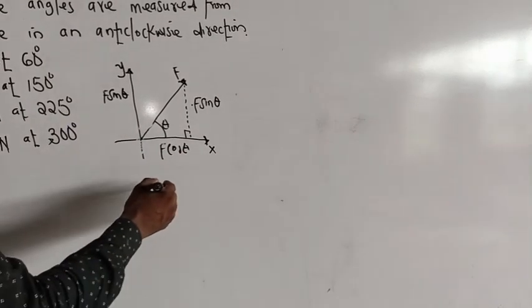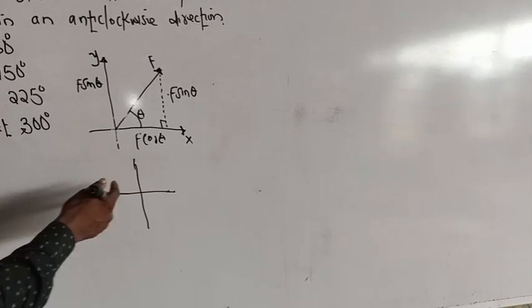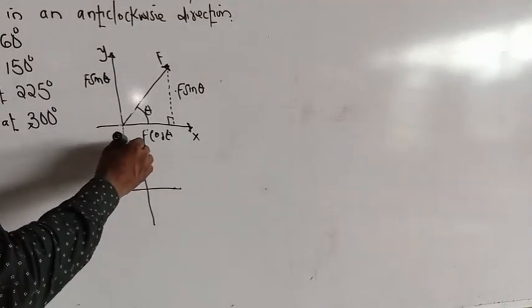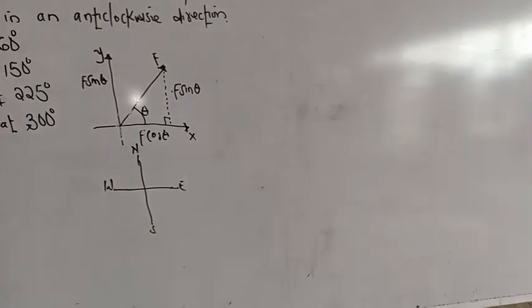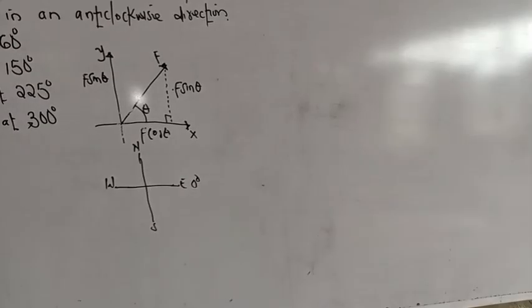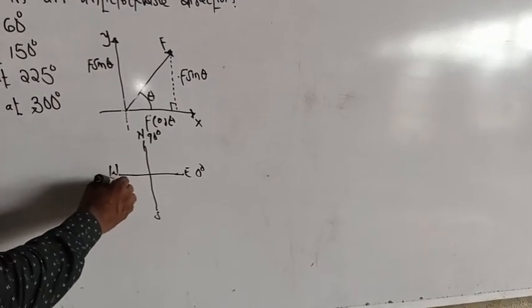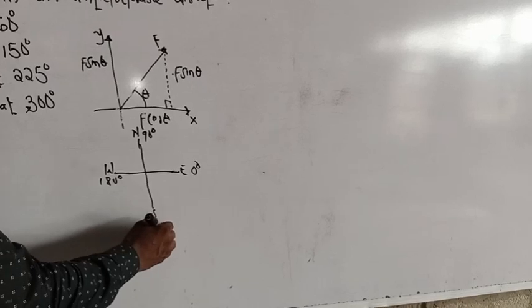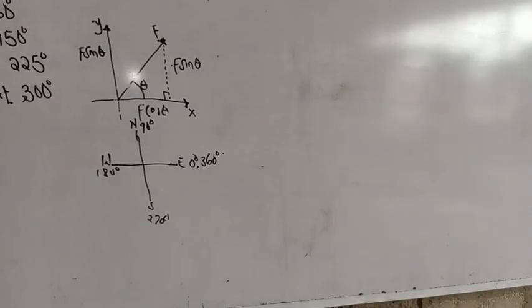Another point we need to understand is cardinal points. The cardinal points show the four cardinals of the earth, which are north, south, east, and west. So the east is our reference point 0, the north is 90 degrees, the west 180 degrees, south 270 degrees, then back to 360 degrees.